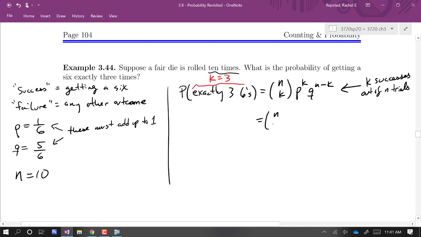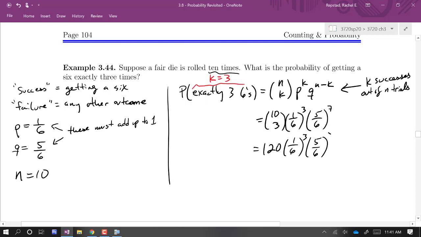So this will be N choose 3 times P is 1/6, so 1/6 to the 3rd, and then 5/6 to the 7th. And I wrote N choose 3, but of course we know that N is 10, so let me replace that with 10. 10 choose 3 is again 120 times 1/6 to the 3rd times 5/6 to the 7th.